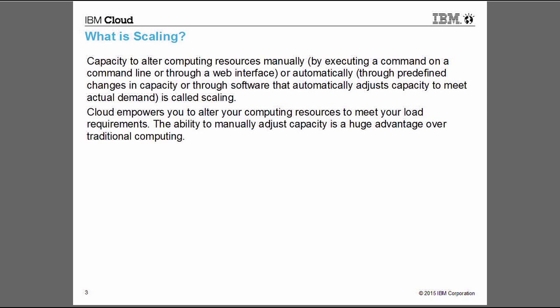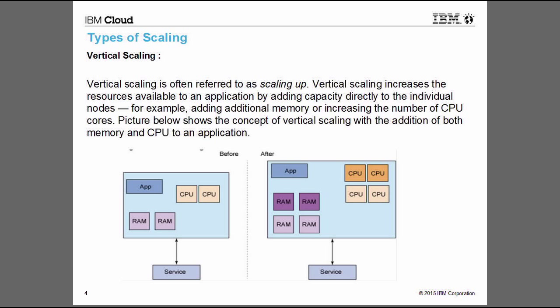Now, what are the types of scaling that are available? There are two types of scaling. If you're a visual person, you can see it on the screen. Vertical scaling is often called scaling up.